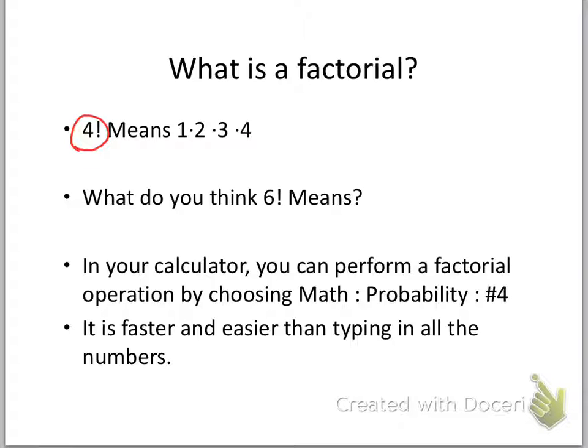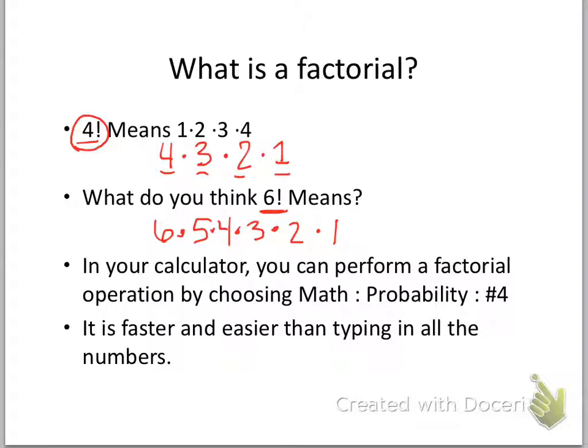So the exclamation point means that we're actually doing 4 times 3 times 2 times 1. We're multiplying each number less than 4 by itself. So what do you think 6 factorial means? Well, it means 6 times 5 times 4 times 3 times 2 times 1.